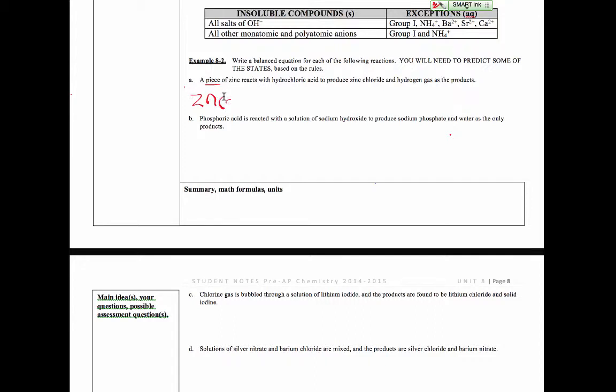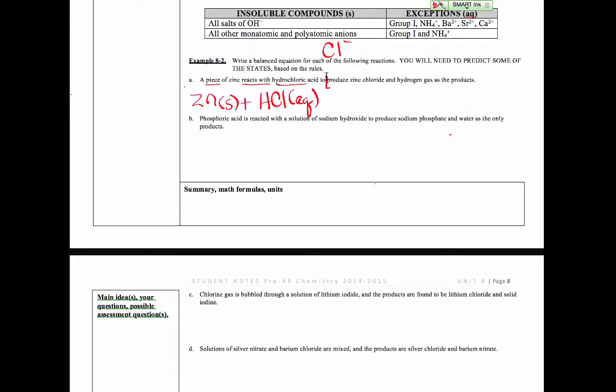Since it said a piece of, we're going to put an (s) for solid. The words "reacts with" mean adds, is added to in the chemical equation. Hydrochloric acid: hydro- came from -ide, chloride is Cl⁻, so hydrochloric acid must be HCl, and an acid by definition is an aqueous solution.